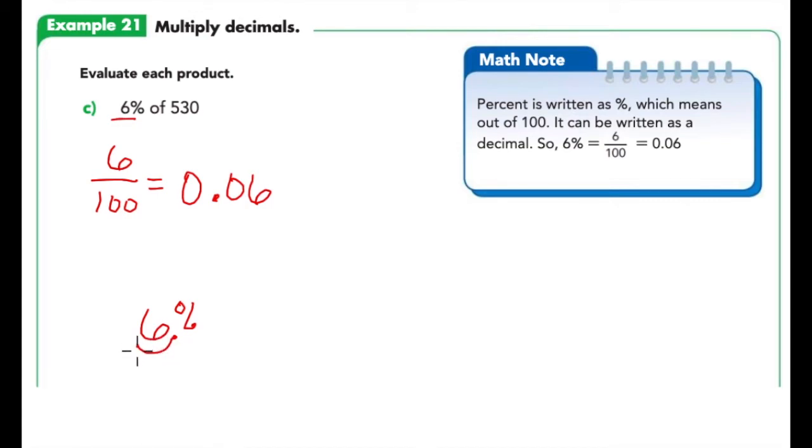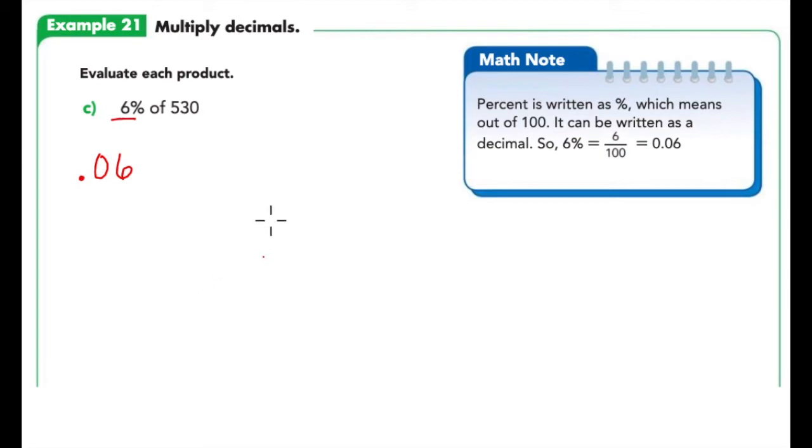So I can move it 2 places to the left, and that is how it also becomes 0.06. So now that we know that 6% is equal to 6 hundredths, we want to figure out what 6% of 530 is. And the word of in math means to multiply. So if we're looking for 6% of 530, we're actually just multiplying 6 hundredths times 530.